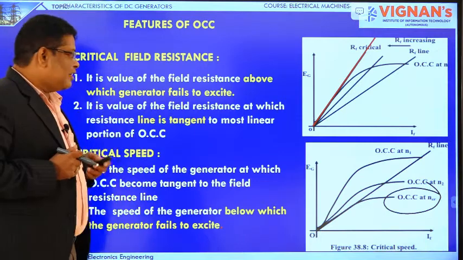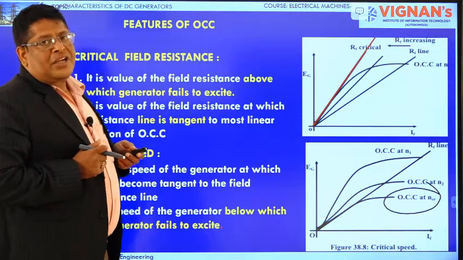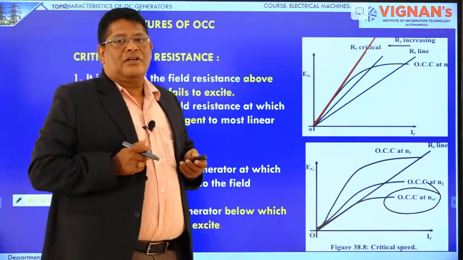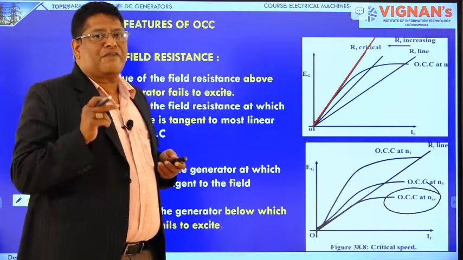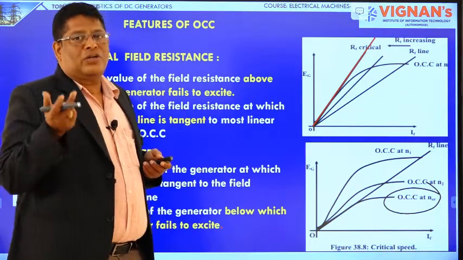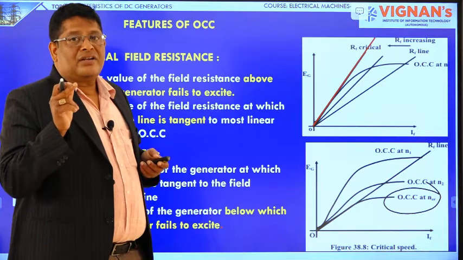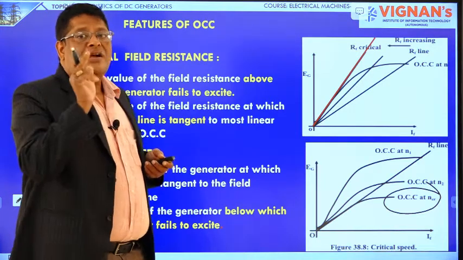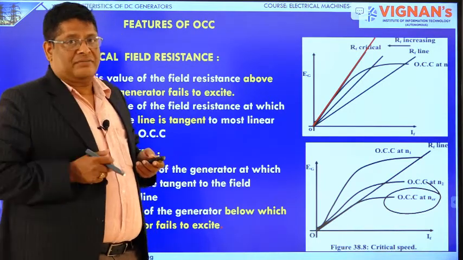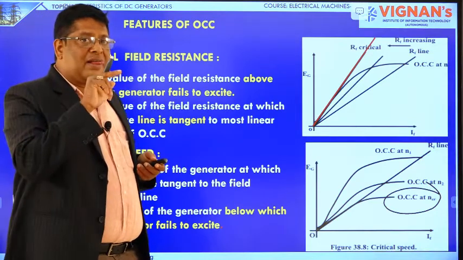The critical speed is the speed of a generator below which generator fails to build up a voltage at a given field resistance of a generator.